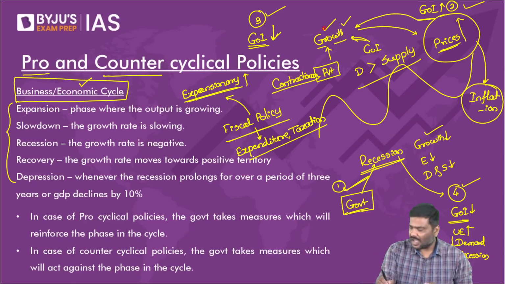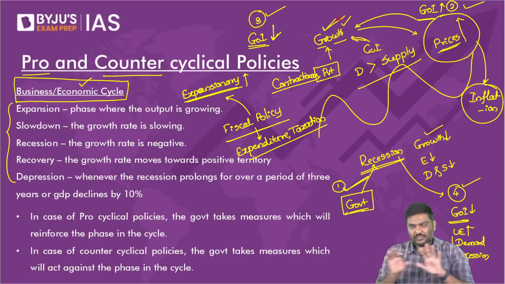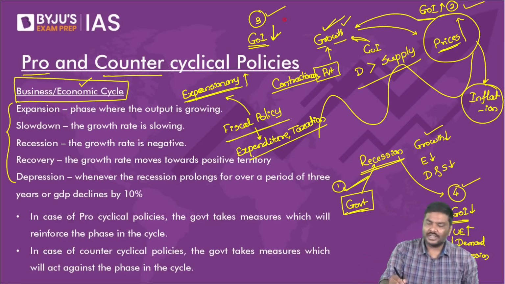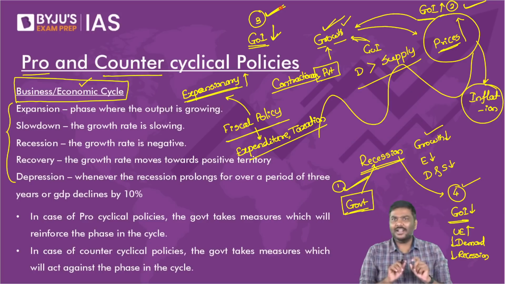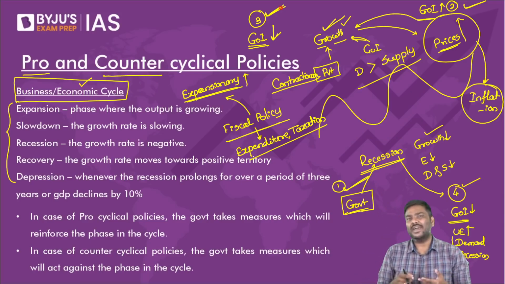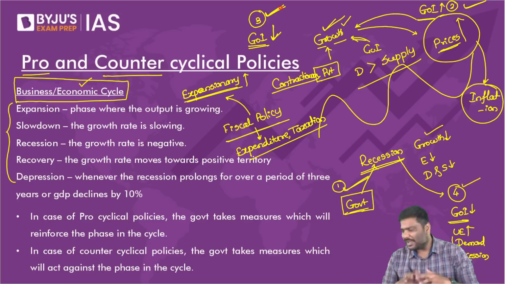If there is a high growth rate, high inflationary trend in the economy, which of the 2 examples of fiscal policies would you want the government to follow? Would you want the government to increase the expenditure, or reduce its expenditure? Don't you think a government should follow a policy wherein expenditure should be reduced, money supply should be reduced? Does it make sense to you?